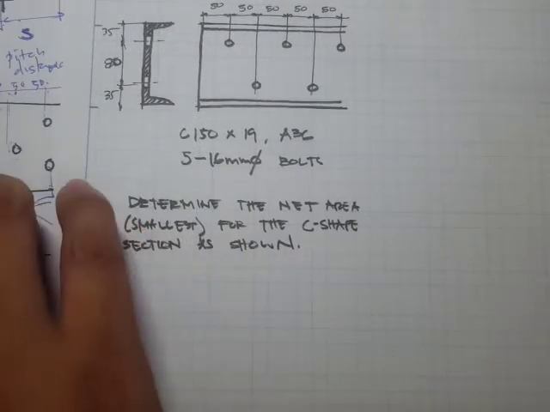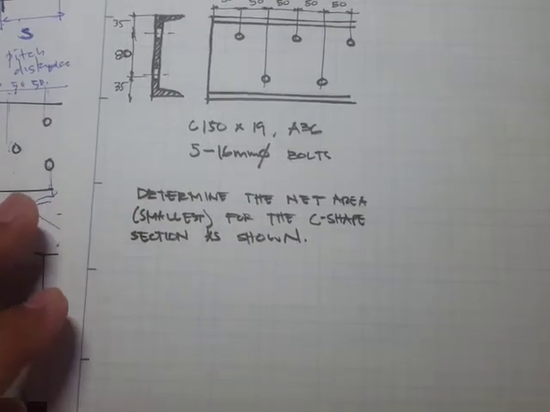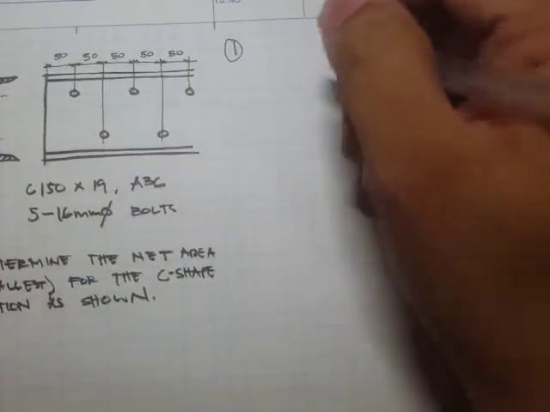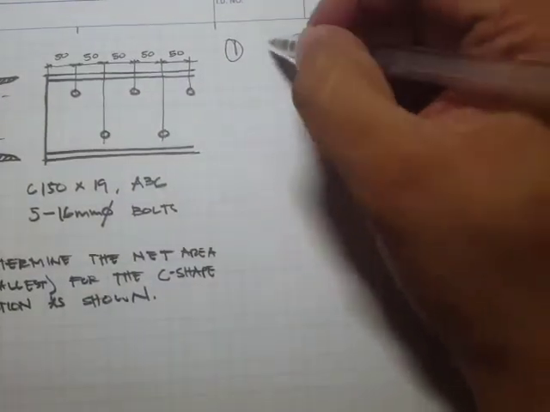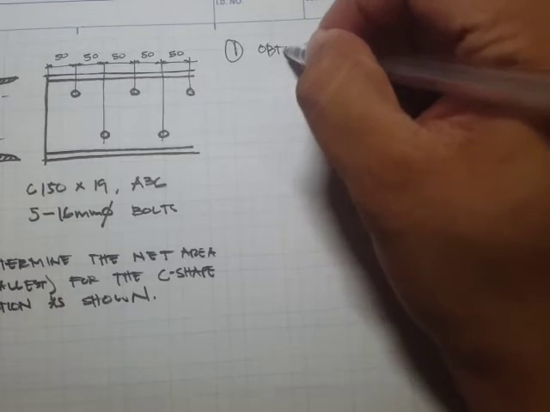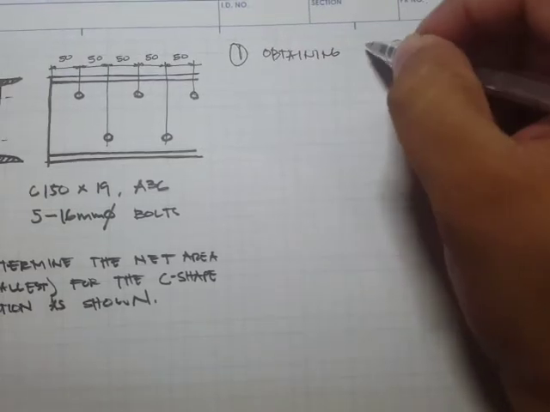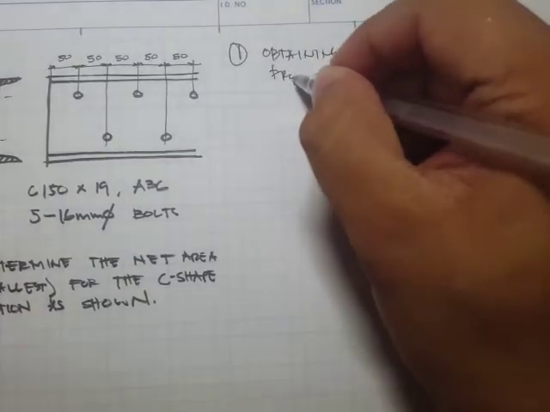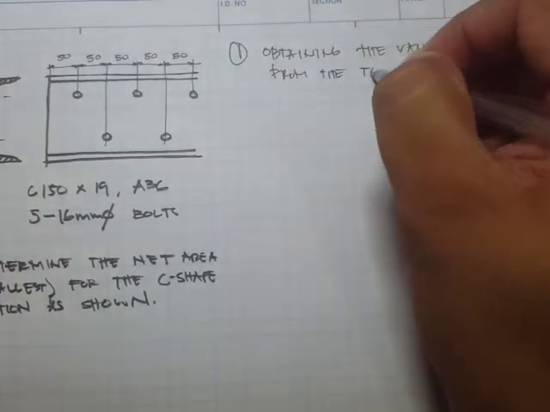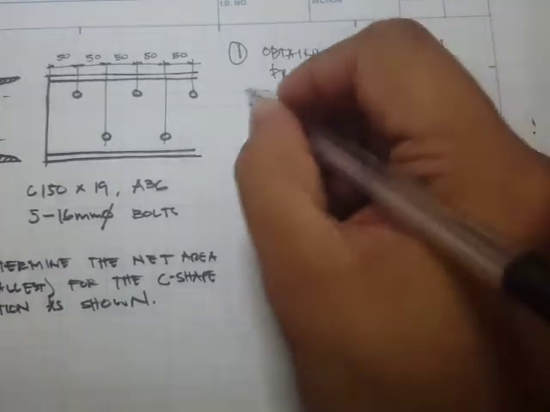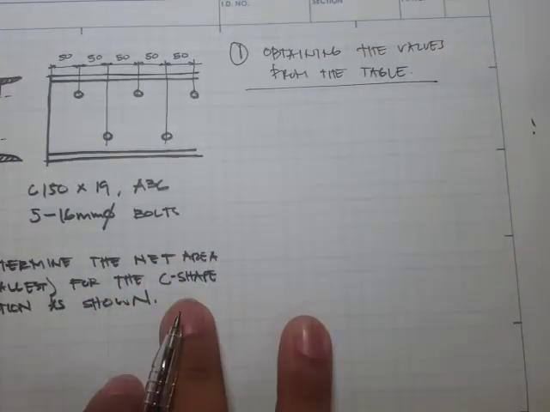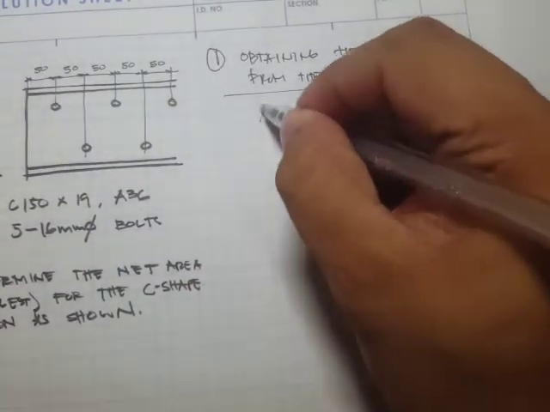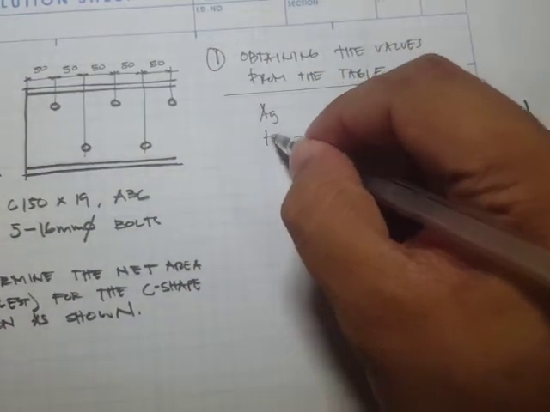Okay, once we're given this C-shaped section, we can go to the table and obtain the values. So now let's solve here, obtaining the values from the tables. Since we're just dealing with the net area, what we need is the A_g and the thickness of the web.